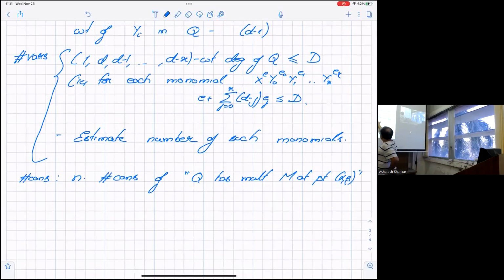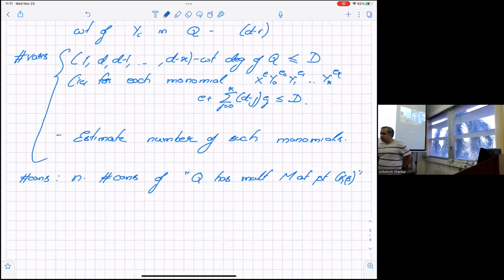Now I have to find out how to express this. In the case of Guruswami Sudan, what did we say? We wanted to write down Q in the basis x minus alpha to the power i, y minus beta to the power j.